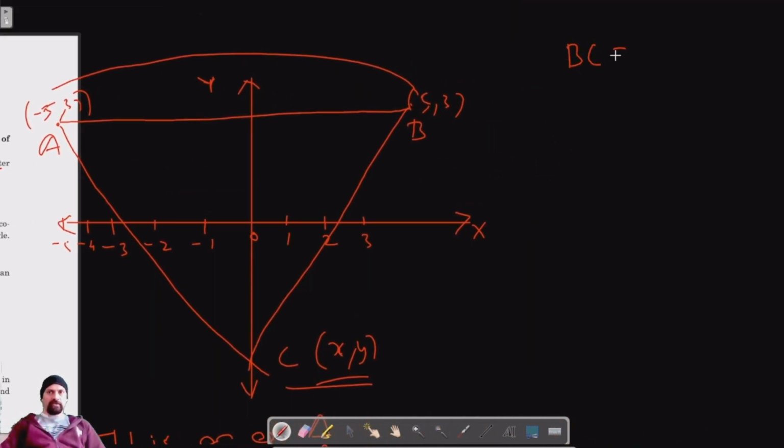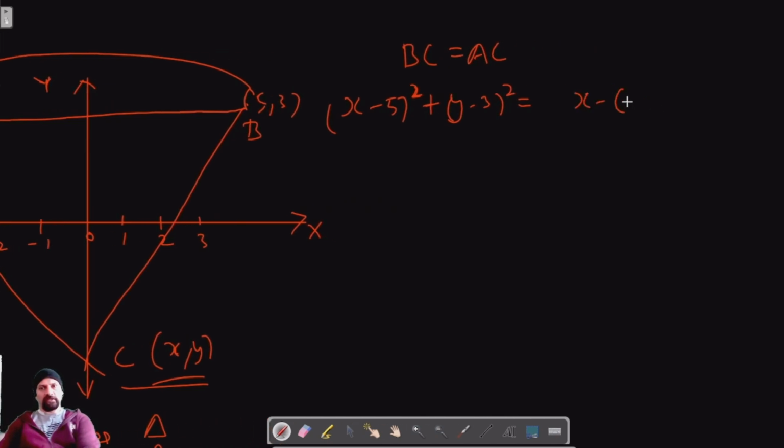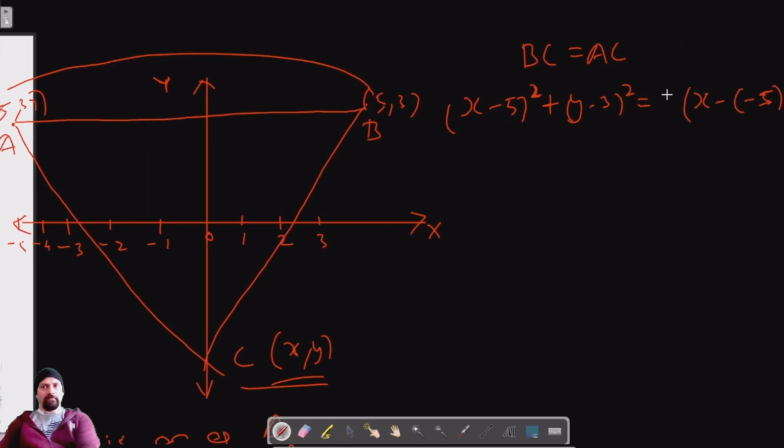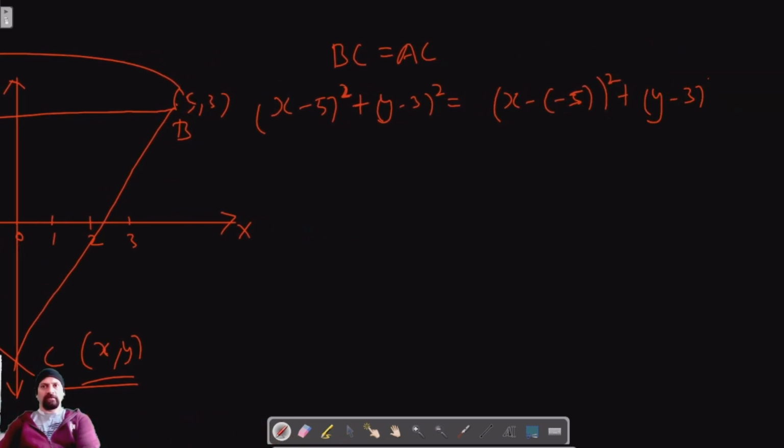BC is x minus 5 the whole square plus y minus 3 the whole square, and AC is x minus of minus 5 the whole square plus y minus 3 the whole square, all under root. The roots get cancelled if we square them.